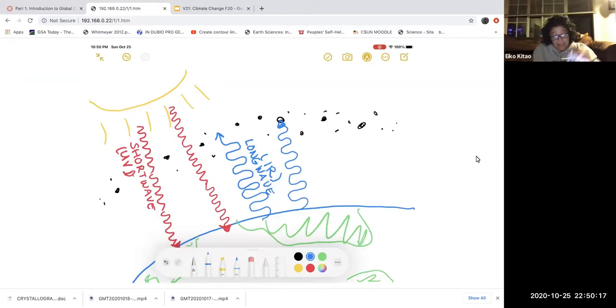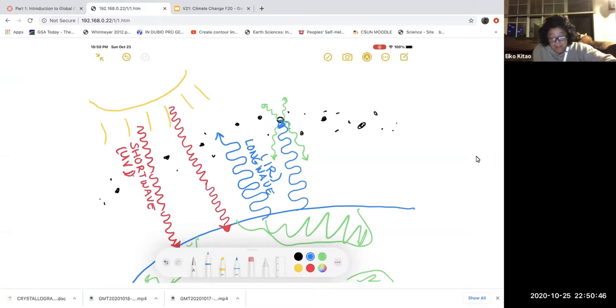Well, it gets absorbed by the gas, and what it does is it turns around. Let me change color here, and it starts to re-emit it back down to Earth again. Now, it does send some of it back out, but obviously the amount going back out into the atmosphere has been reduced quite a bit, and some of it's coming back down and re-hitting the Earth's surface again.